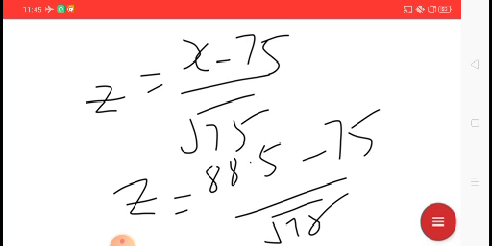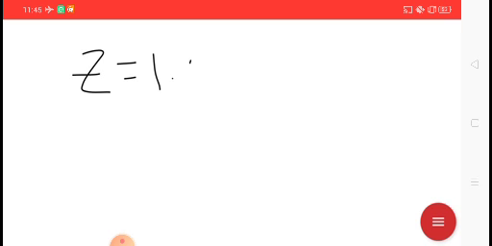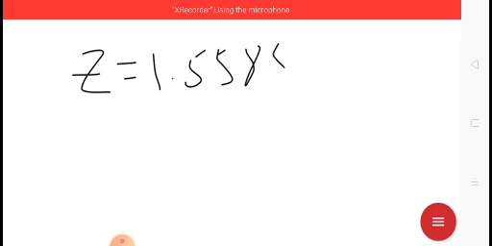Okay, so you will have z equal to 1.558. Okay, so when z equals 1.58, you need to compare the significance level.